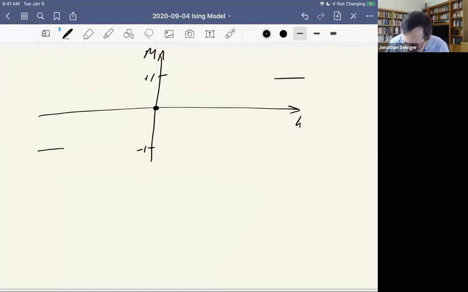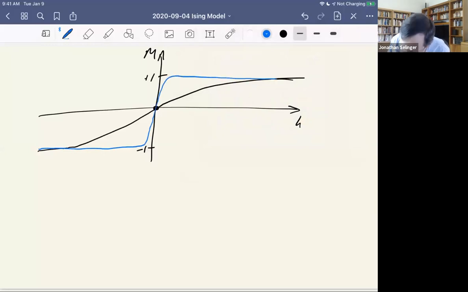It might be that they connect up in a really smooth way, like that. Or, I'll do a different color, it might be that they connect up in a really kind of sharp way, something like that, so that the magnetic order is almost always plus or minus 1, except in some narrow little range.